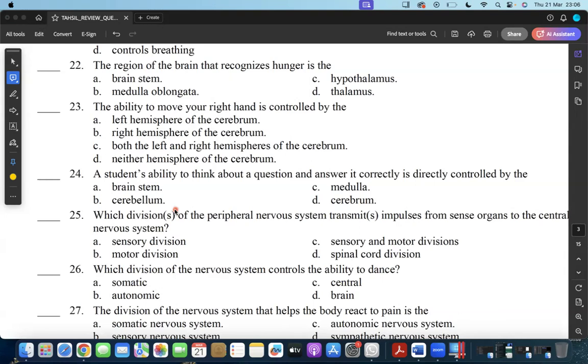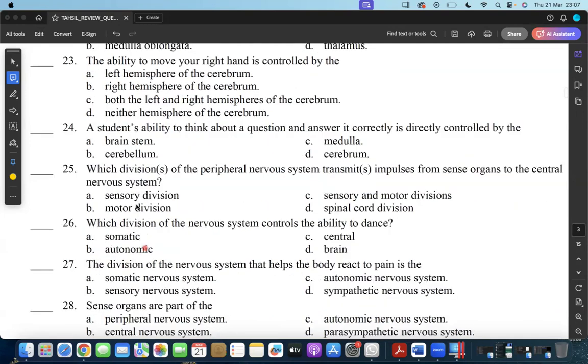This activity is controlled by almost the largest part of the brain, which is the cerebrum. The cerebrum helps you think about a question and know the answer directly without having to go through some activities.